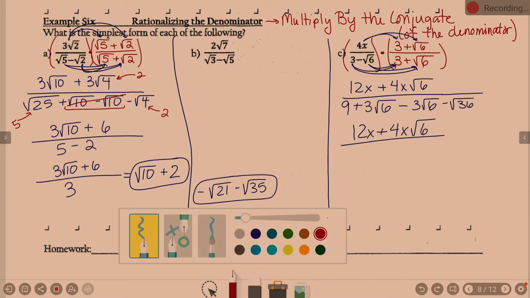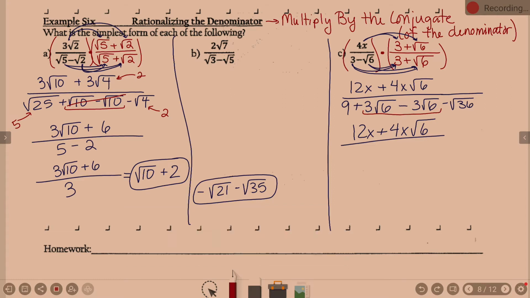Well, 3 square root of 6's cancel. Yeah. Okay, 3 square root of 6 minus 3 square root of 6. Gone. What about the square root of 36? 6. That's 6.